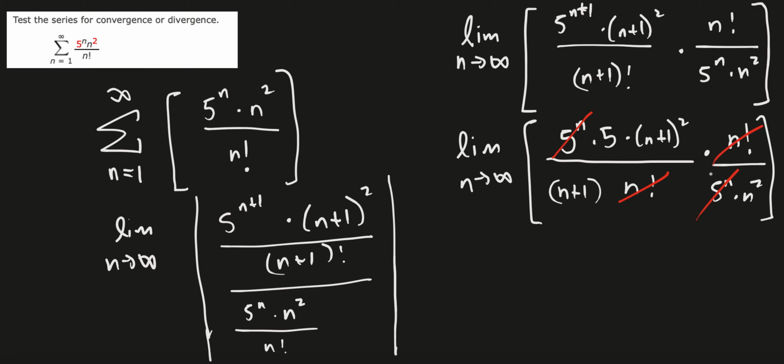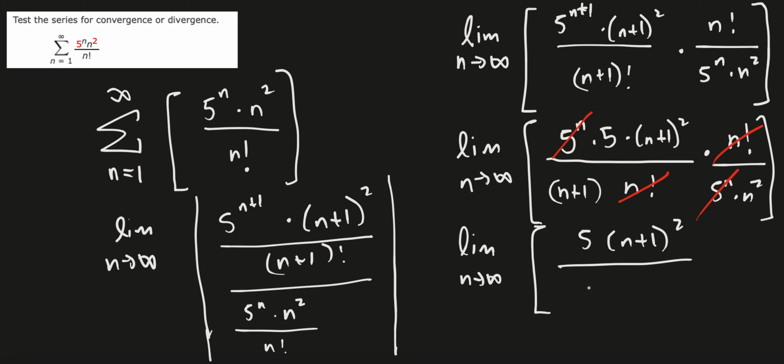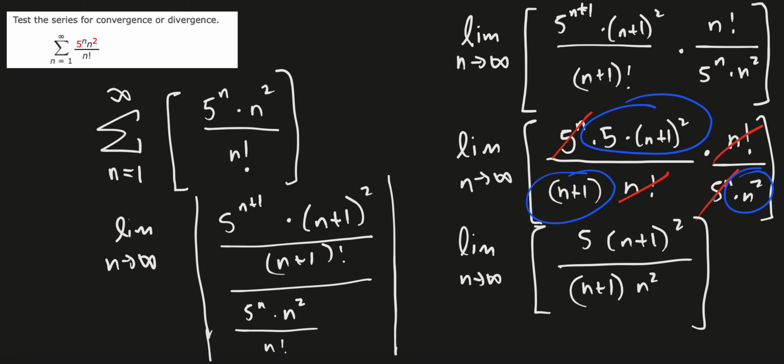Notice that the cancellation really simplifies everything now. So we can write this limit as n approaches infinity of 5. So let's just write what's left over. 5 times n plus 1 squared divided by n plus 1 times n squared. Okay, so this is left over here, and this is left over here. There.